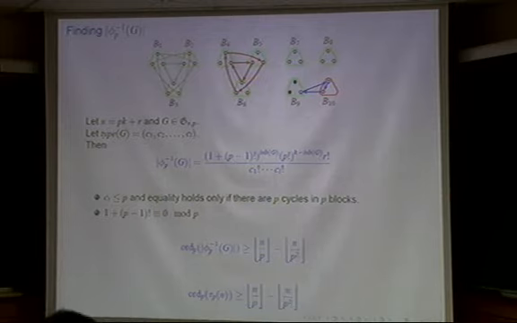Can you see why this is true? Assume that we have this block graph. How many ways are there to construct a permutation which corresponds to this? Here we can label these 3 with 1, 2, 3.